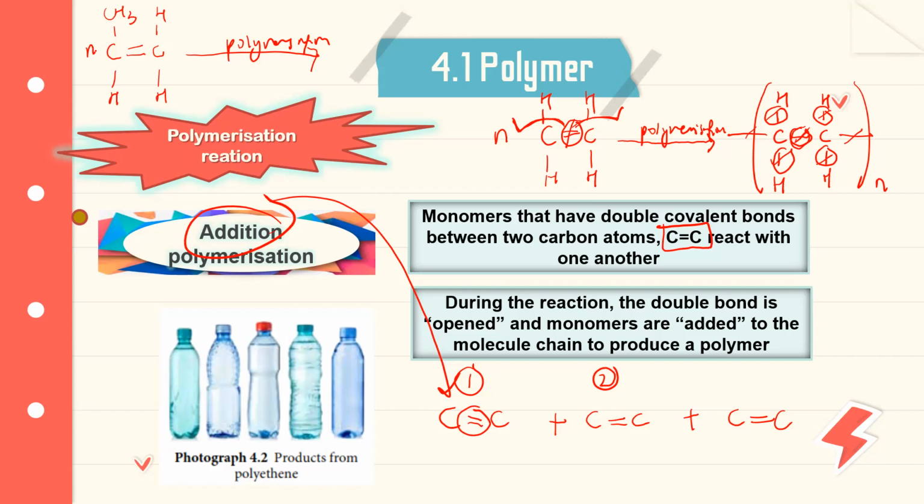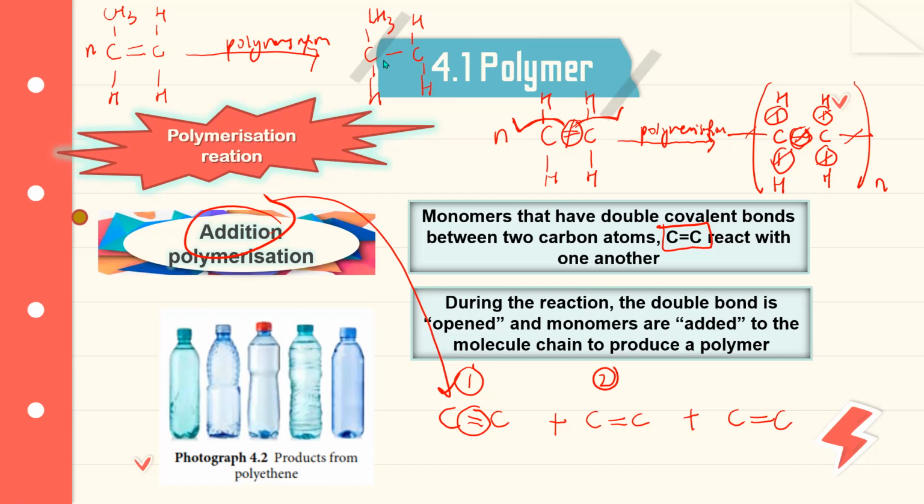What do I have to first do? Copy back everything but break the double bond. Very good. I copy back everything. Okay, and then I break the double bond, correct? So CH3 here, H here, H here, H here. Now, if you notice, I don't have enough wives. The carbon doesn't have enough wives. So what do I need to do? Put 2 bonds on the side. 2 more wives.